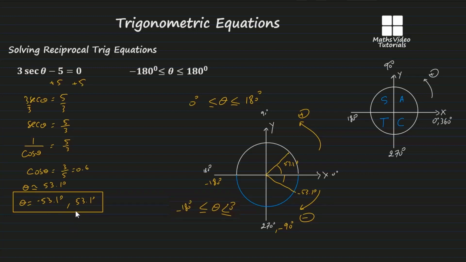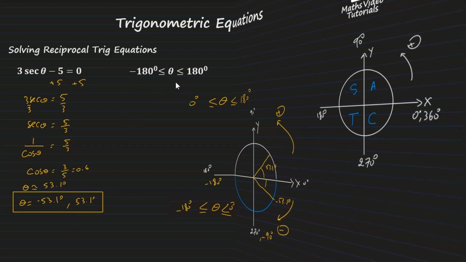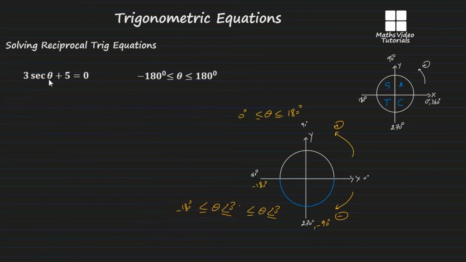Let's do another one within this interval. We have looked at this trig equation in the second example of this video tutorial, but with a different interval. Now we are working within this interval, but let's do the working out very quickly. We obtained sec theta equal minus 5/3 by subtracting 5 first and then dividing by 3.